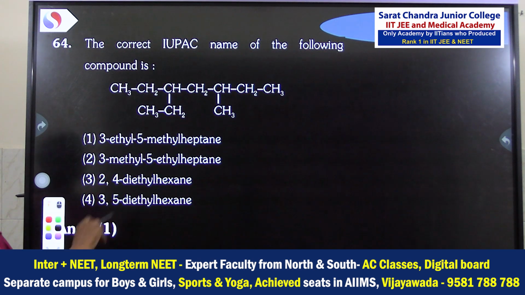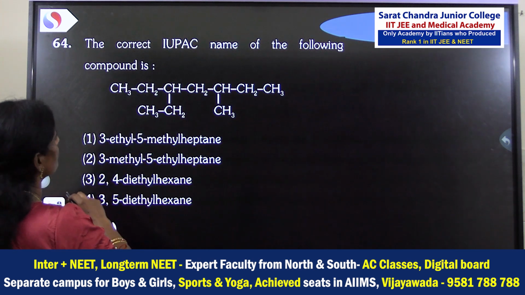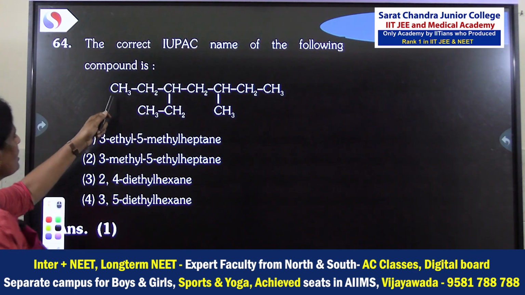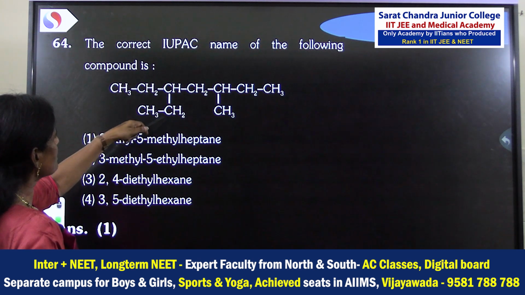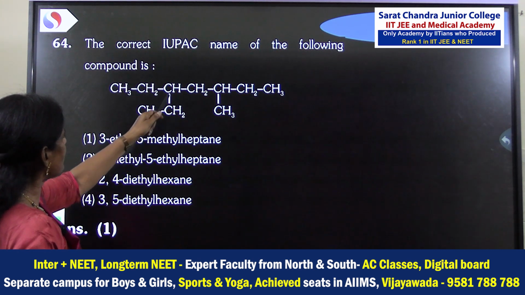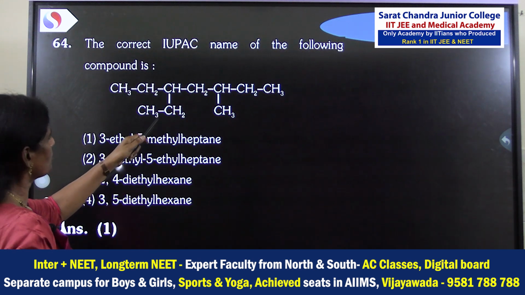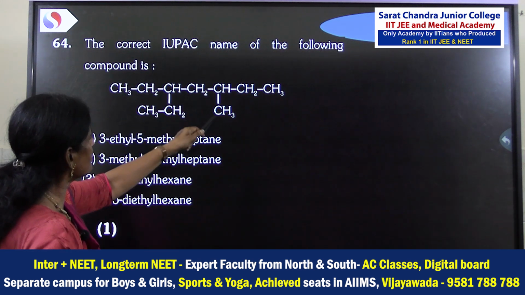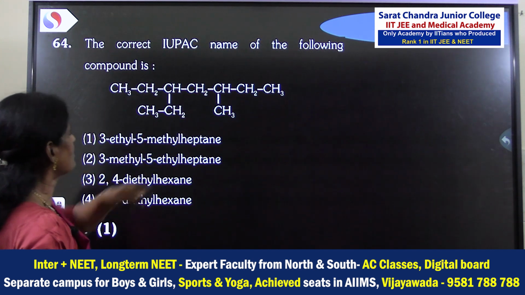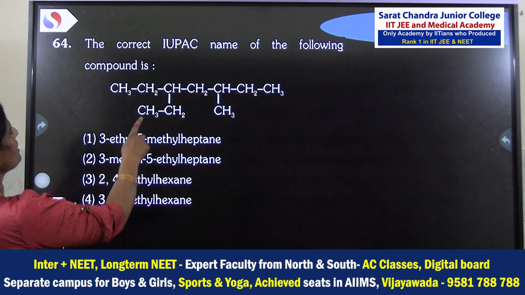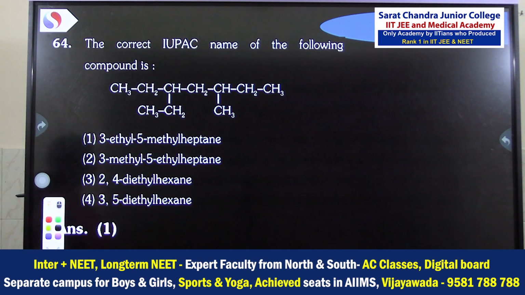Then priority is given to alphabetical order. If we number from left to right, the lowest number is given to the carbon containing the ethyl group, and the 5th carbon contains the CH3 group. Ethyl comes first in alphabetical order.